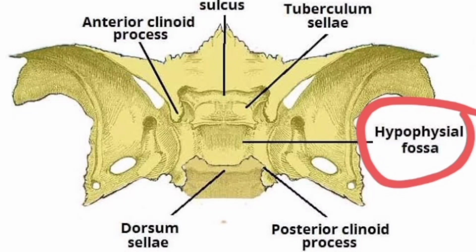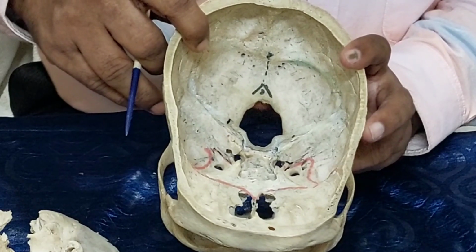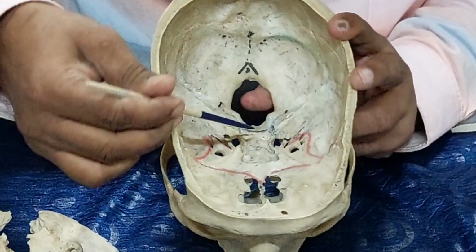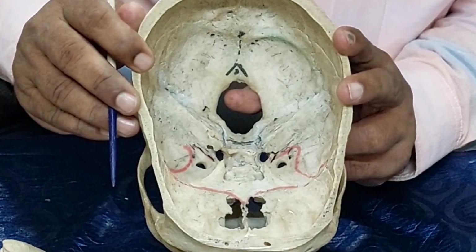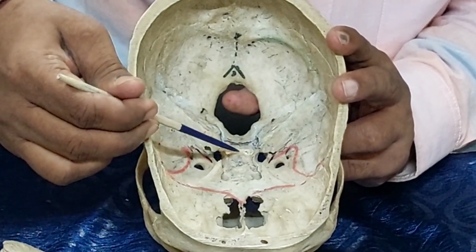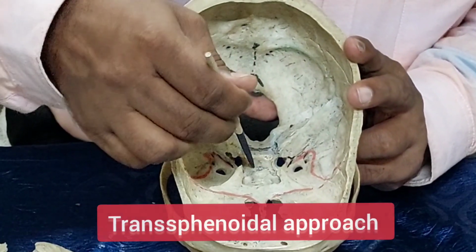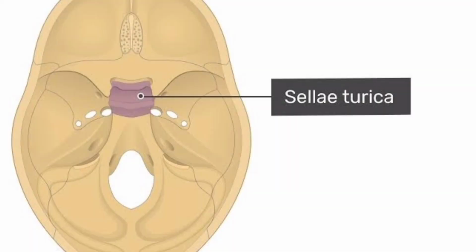Then what is the importance of this position of the sphenoidal air sinus? Because this sinus is located deep to the sella turcica, the most direct surgical route to the pituitary fossa is the transsphenoidal approach. And I mentioned one term called sella turcica. What is that?